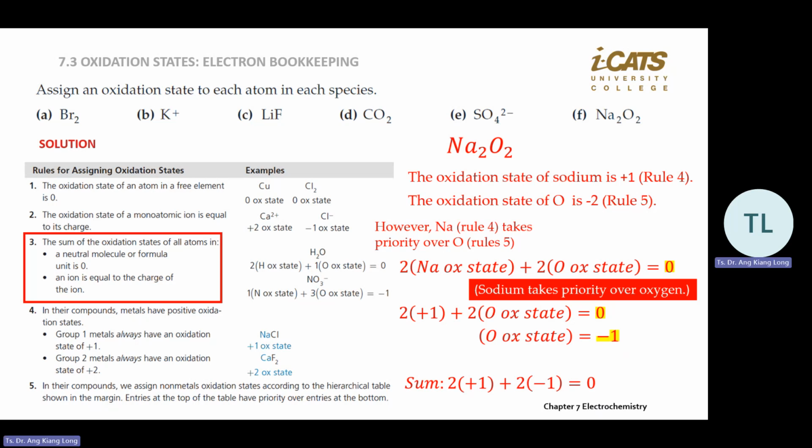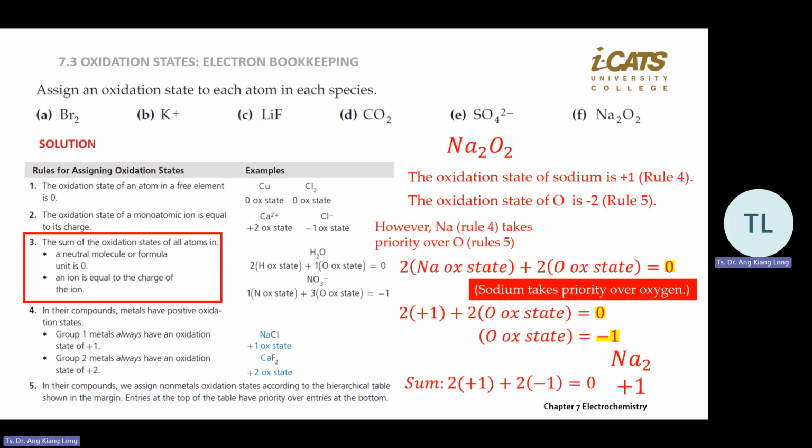We are talking about oxidation state and not charges. Don't confuse oxidation state and charges. So when you do the sum, plus 2 minus 2, you get 0, which is correct. Then remember to conclude your answer. With this, how do you write? Na2O2 with oxidation state plus 1.